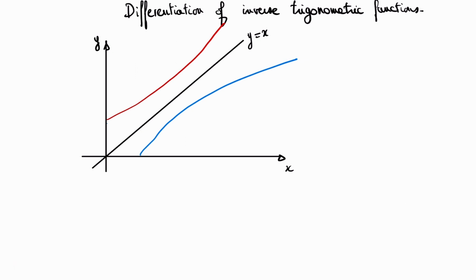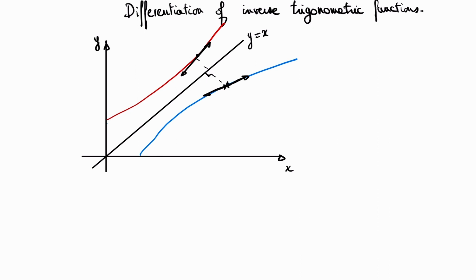So if I say I want to look at the derivative at that point, which is the slope at that point, well, the derivative at the point opposite to it here would be like this. And what we can see is that the slope for the blue line is the reciprocal of the slope for the red line.